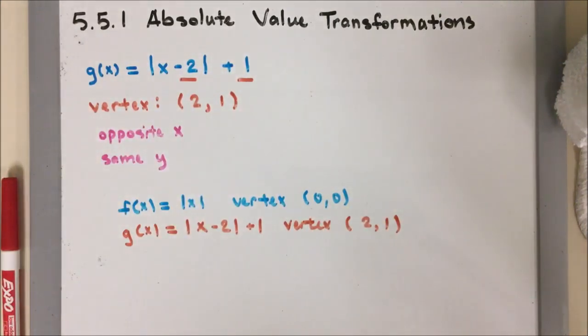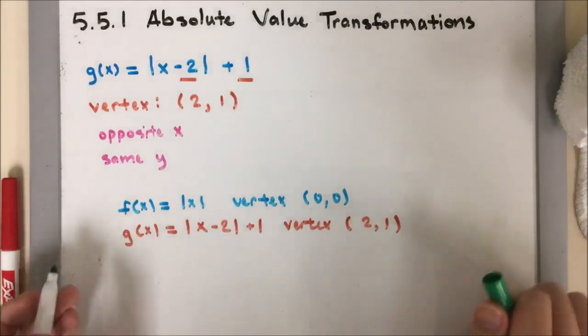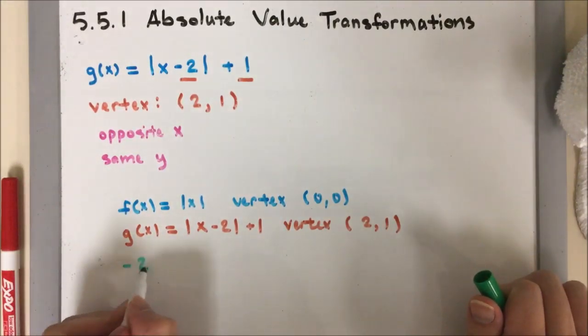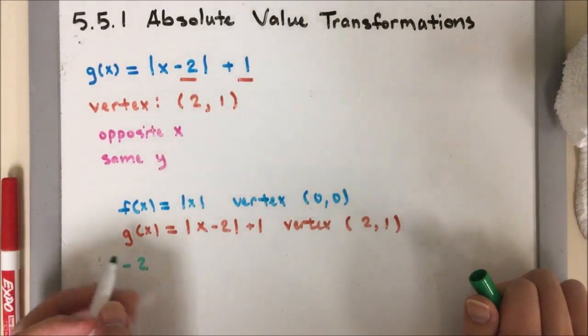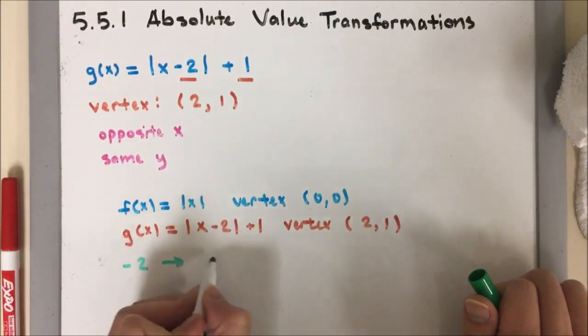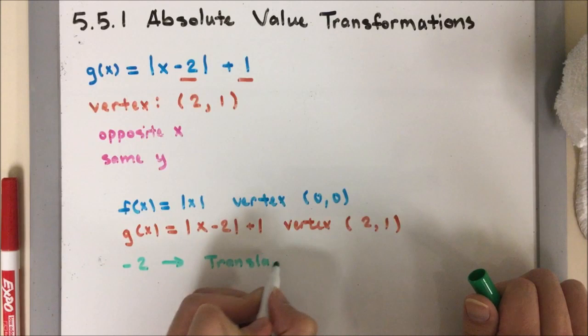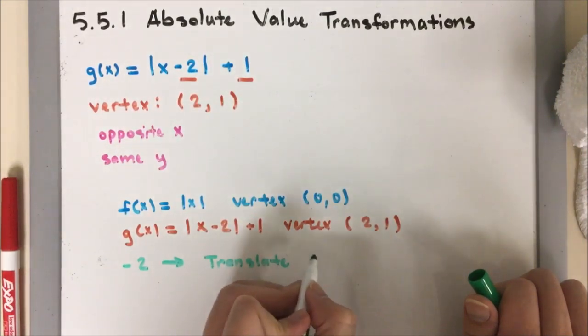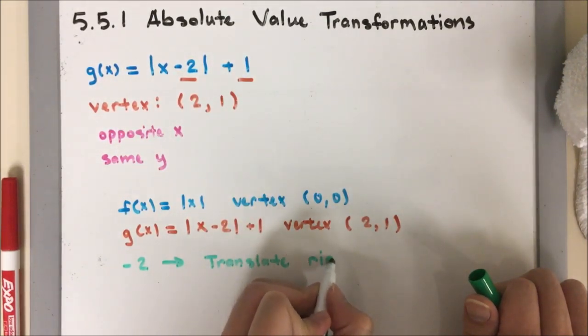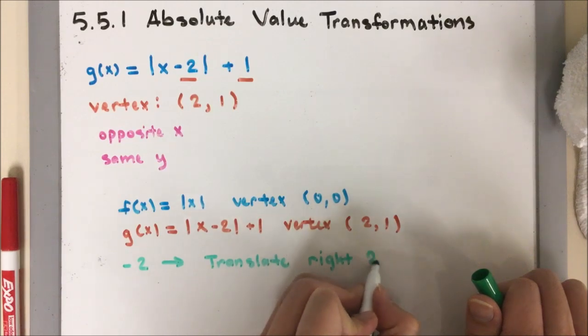When I compare the graphs, if it was minus 2 inside the absolute value lines, then that means that it will translate right 2 units.